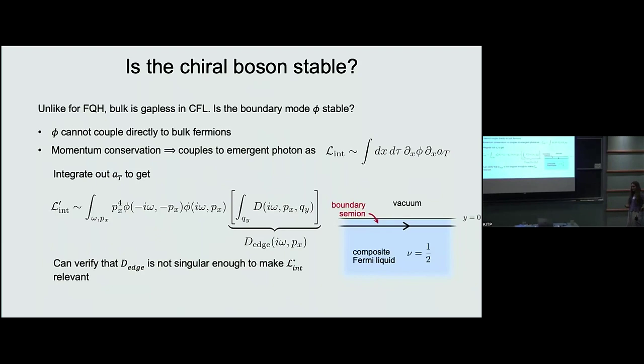Probably you're right that it would be good to do this calculation entirely in that language as well, instead of just substituting the flux attachment. But yes, that is kind of the same, if you believe that.